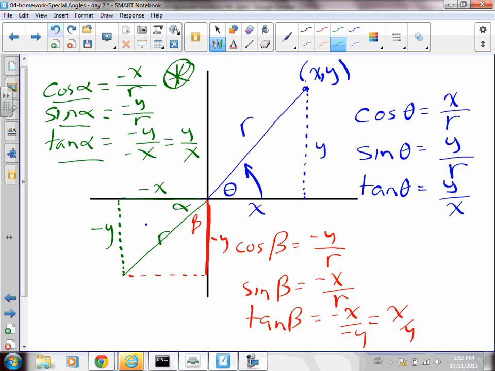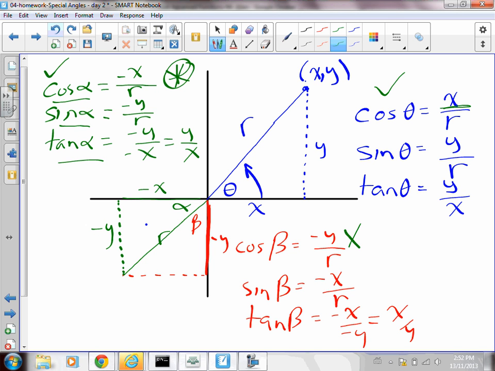And so because the numbers will all be the same, I'll still have the same x's in the same spots, the same y's, and other than the signs, these ratios are all exactly the same as the ones we are trying to relate to. You can see then that when I look at the beta list down here, cosine is now being represented by negative y over r, which is clearly not the same as what we had in our original cosine.